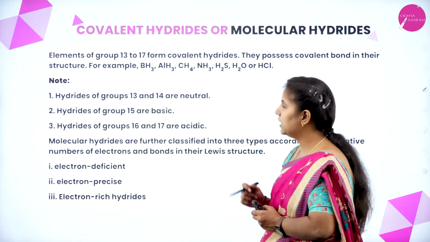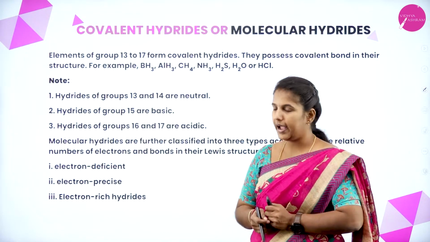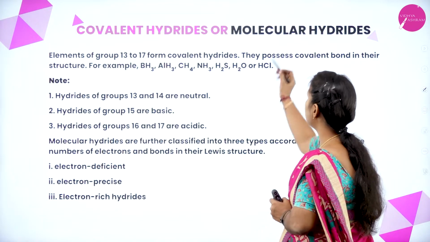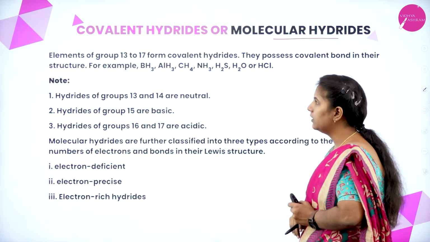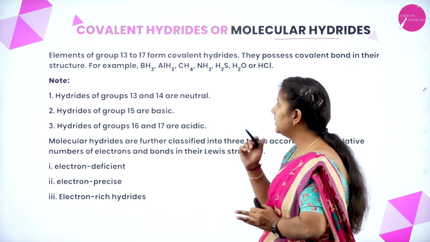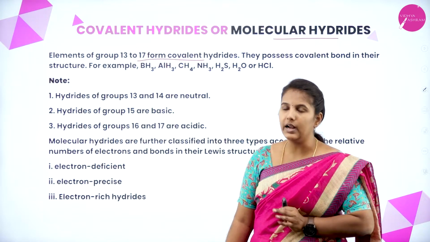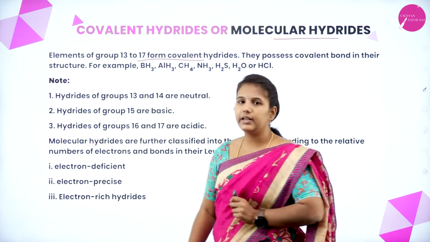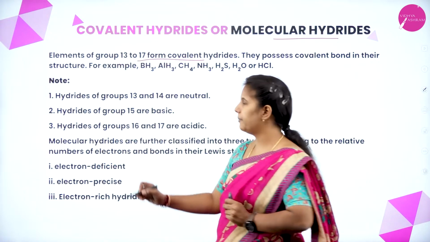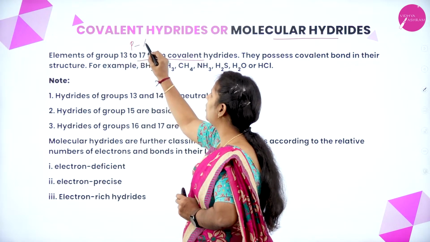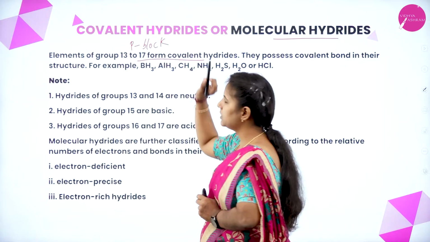Now, let us see the covalent hydrides, also known as molecular hydrides. The elements of group 13 to 17 form covalent hydrides. We know that groups 13 to 17 in the periodic table are known as p-block elements. Is it right?